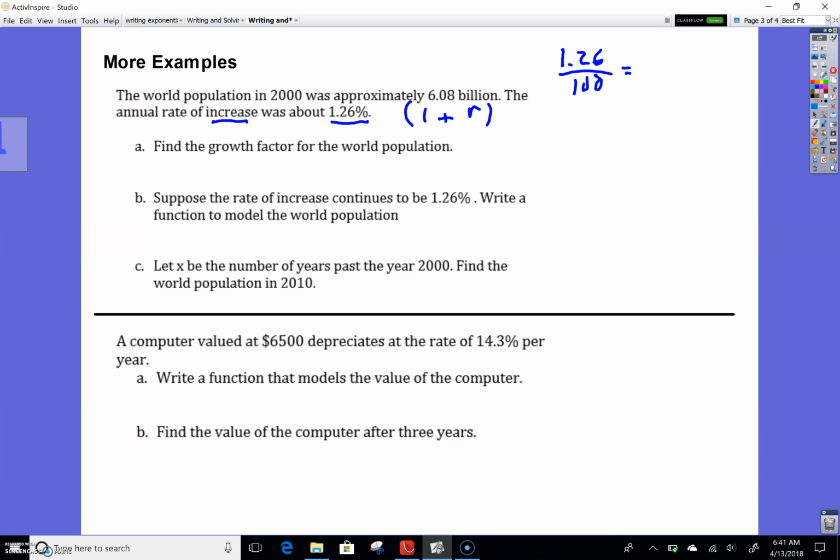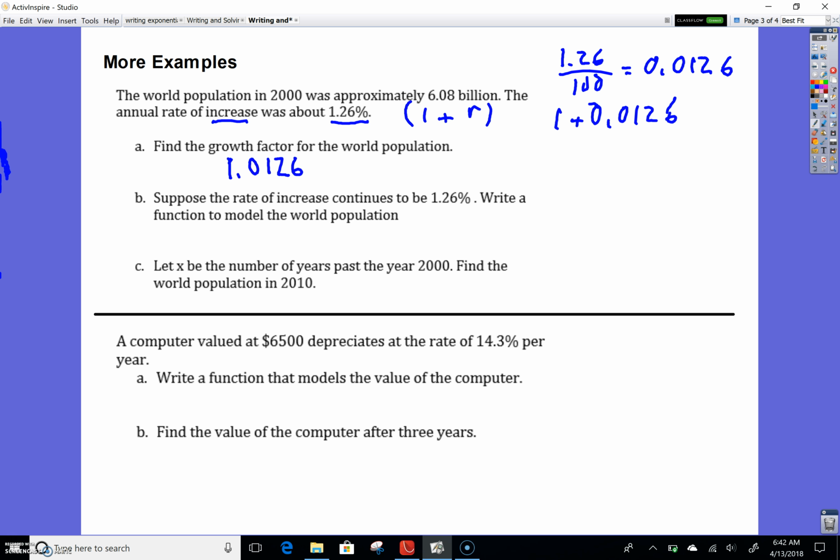So we have 0.0126. Okay, so the growth factor is 1 plus 0.0126. Okay, so that's going to be 1.0126 if you put that in your calculator, or you can just simply add.